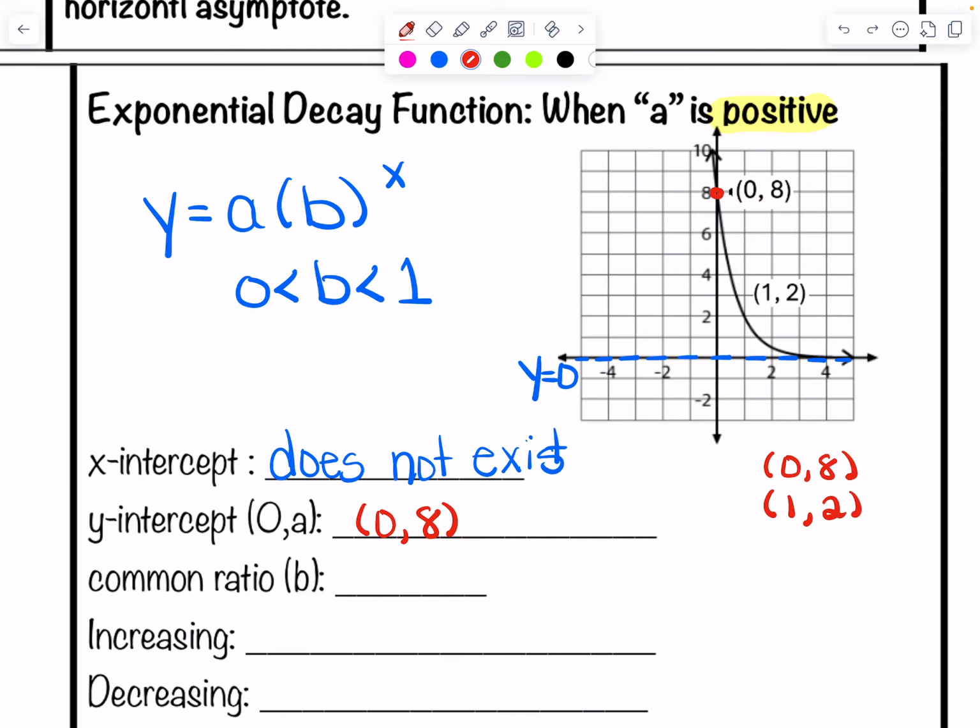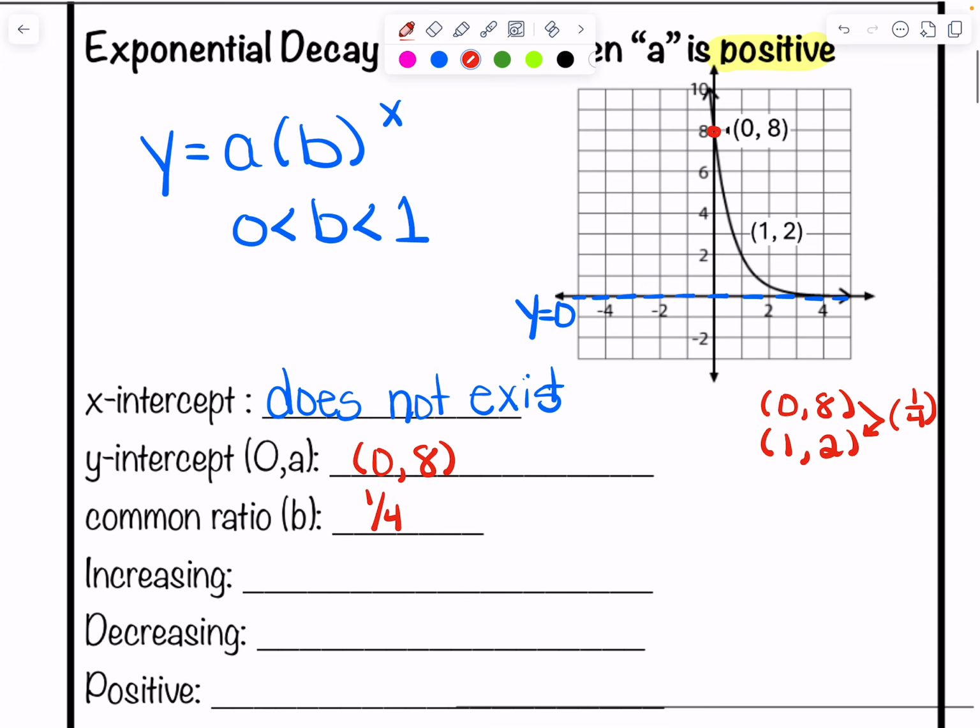Okay, they're consecutive, one right after the other. 8 times what makes 2? Well, since they're getting smaller, that means that this ratio is going to be a fraction. So it's going to be 1/4. So our common ratio is 1/4. Now, from left to right, this graph is going down, getting closer and closer to 0. It is never increasing. So that means it is always decreasing.